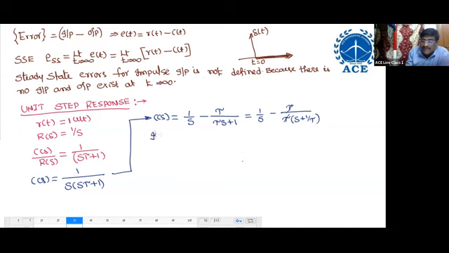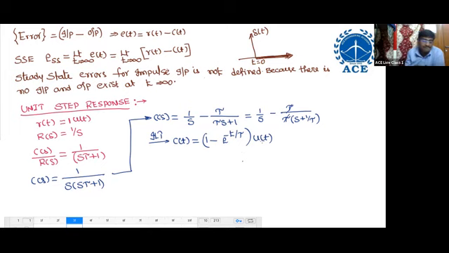Now apply inverse Laplace transform. What is inverse Laplace transform? Tell. C of t equal to 1 minus e power minus t by tau, into u of t.